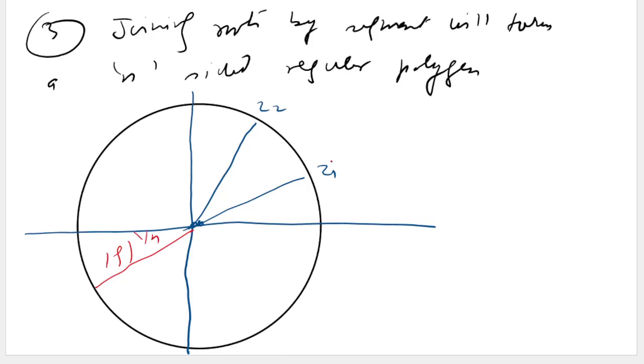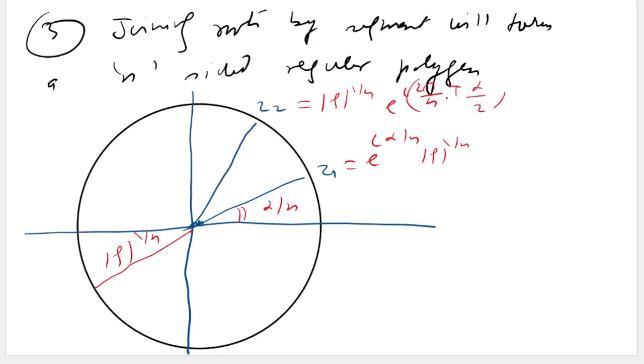Z1 is e to the power i alpha by n, so the argument is alpha by n. Then z2 is also multiplied by rho to the power 1 by n, so z2 is rho to the power 1 by n, e to the power i (2 pi by n plus alpha by n). So the argument increases by 2 pi by n. Similarly, somewhere is the z3.